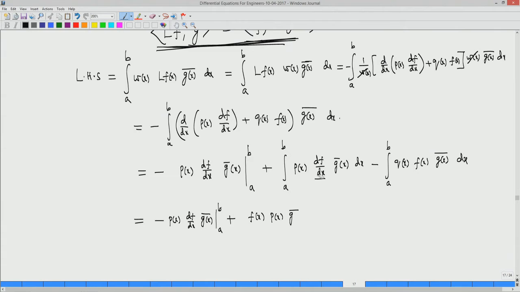When you do the integration by parts, you get df/dx, and you need to differentiate the other part, that is d/dx of p(x) times g bar of x.